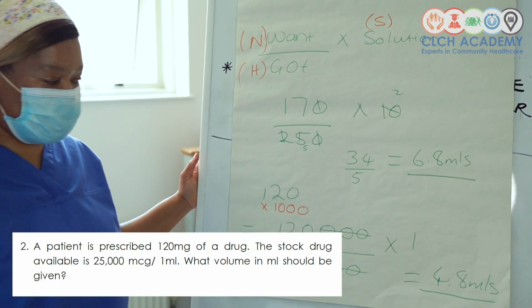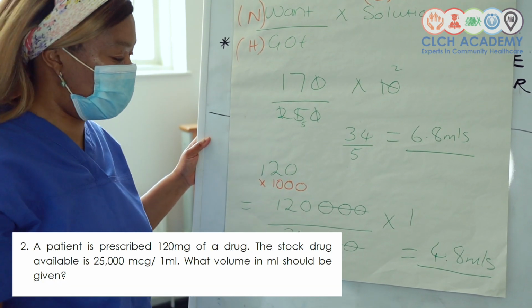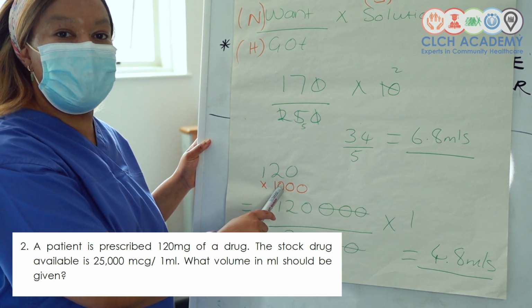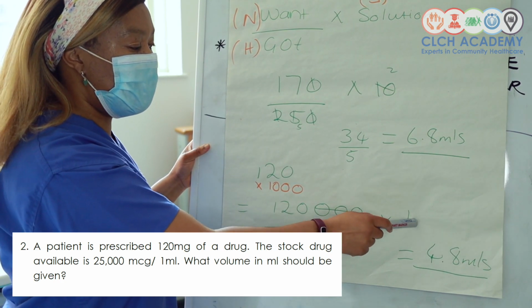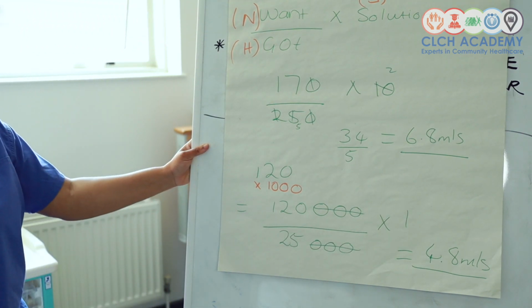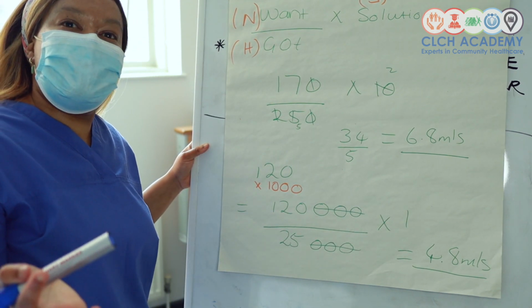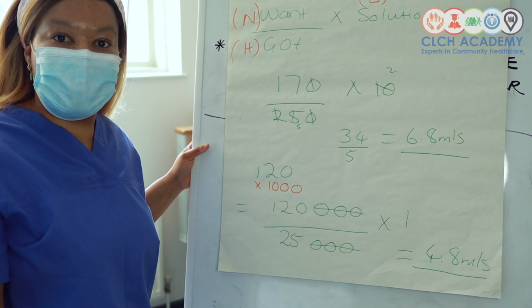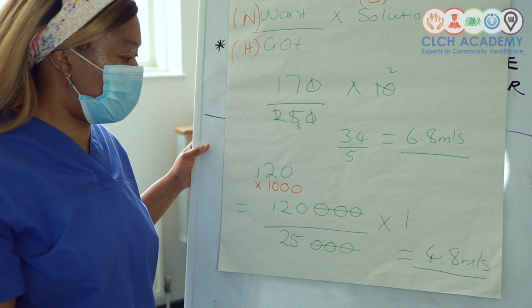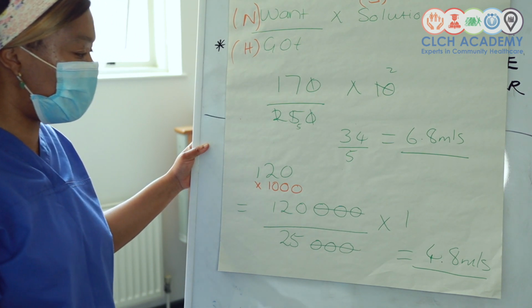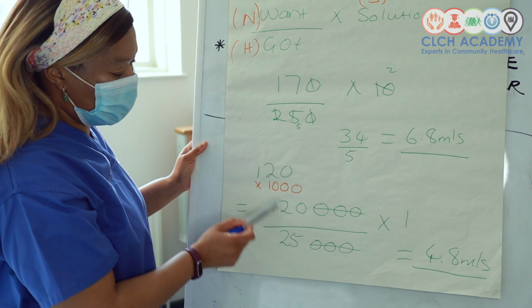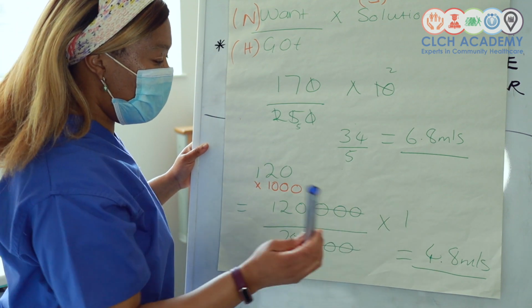Another quick example: you need to give the patient 120 milligrams of drug. You have stock supplied as 25,000 micrograms in a mil. Again, real quickly, whatever is comfortable for you to convert to, that is what you will choose. So if you have been programmed to convert everything to milligrams, then that becomes 120 over 25 times 1.